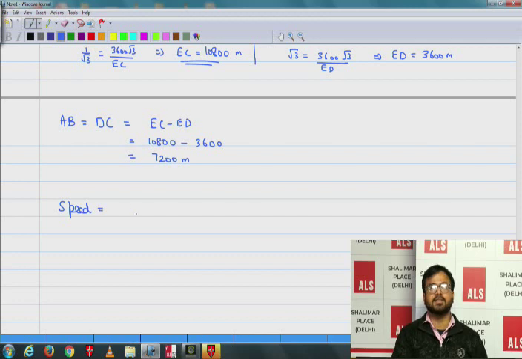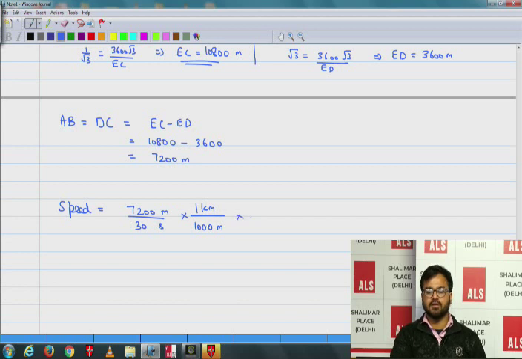So speed is distance upon time. So 7200 upon 30 seconds. Since it is in meter per second, we want to convert it into kilometer per hour. So 1 kilometer has 1000 meter, so we will write it like this: 1 kilometer and 1000 meter, both are the same thing. And the second to hour we have to convert. 1 hour is equal to 3600 seconds. So now meter and meter, seconds and seconds will get cancelled out.